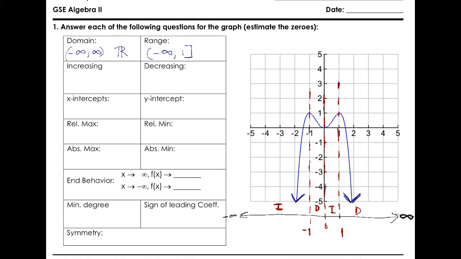So increasing from negative infinity to -1, with a union in between because we have another portion that's increasing. 0 to 1. That's both of our increasing portions. Now our decreasing is decreasing from -1 to 0 and from 1 to infinity.